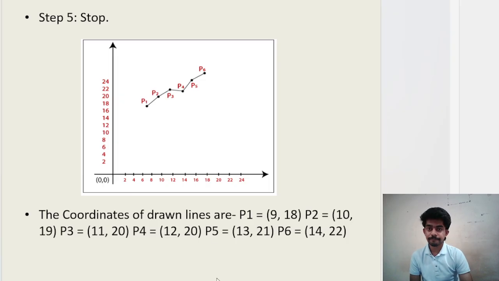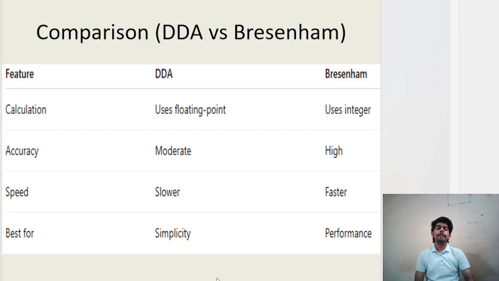Now we'll proceed to the comparison. We can clearly see here that if performance is critical, then Bresenham's algorithm is preferred, but for teaching or simple implementation, DDA is easier. You can also read certain difference points here. Calculation: DDA uses floating point, and Bresenham's uses integers. Accuracy: moderate versus high.